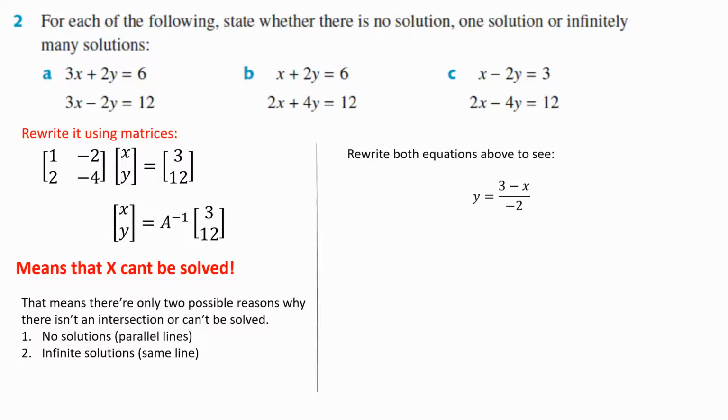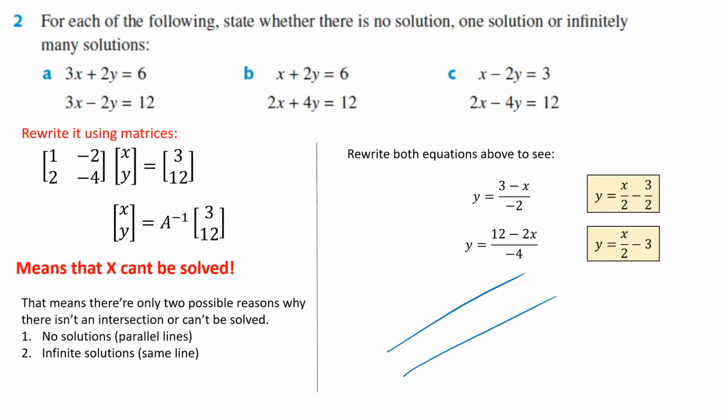The only way to do it is by rewriting both. I rewrote the first line in terms of y, and that gives you y equals x on 2 minus 3 on 2. I rearranged the other equation as well, and we've got x on 2 minus 3. Now what we can see is the same gradient, different y-intercept. That has to be parallel lines, no solution.